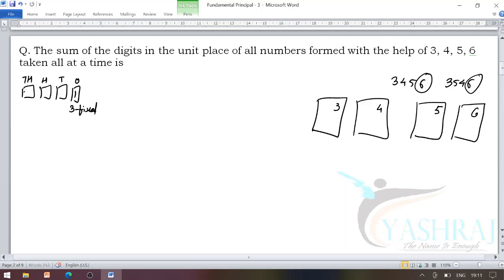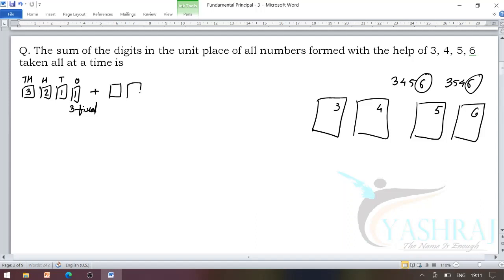You might start with the thousands place or the tens place, it doesn't matter. The remaining 3 digits are 4, 5 and 6. Any one of them can be filled in the thousands place, so there are 3 ways to fill the thousands place. Following which, of the remaining 2 digits, any one can be filled in the hundreds place, so we have 2 ways to fill the hundreds place, and following which, to fill the tens place we have exactly one way only.